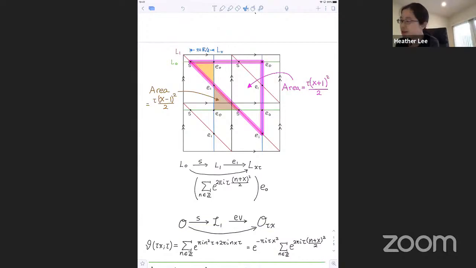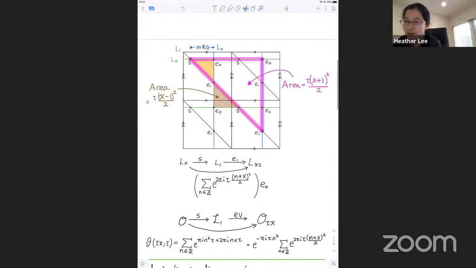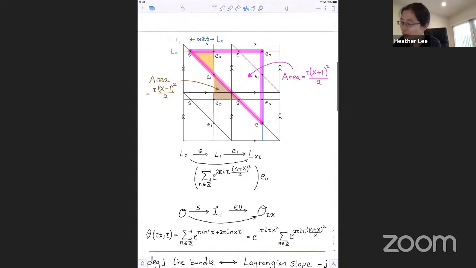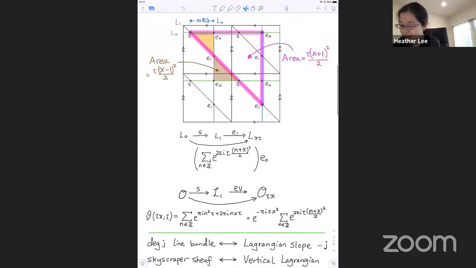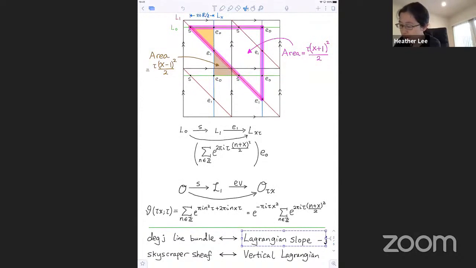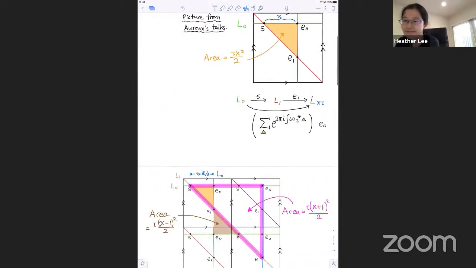So in this mirror symmetry dictionary, you can look at more Lagrangians and coherent sheaves and figure out that any degree J line bundle corresponds to Lagrangians of slope minus J, and skyscraper sheaves correspond to Lagrangians that are vertical, like this L x tau here.